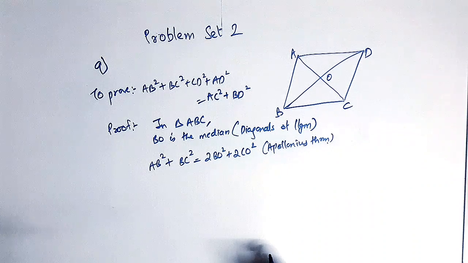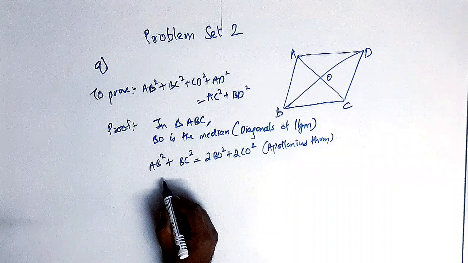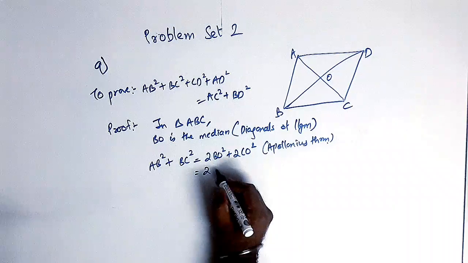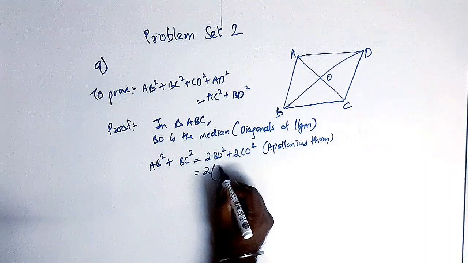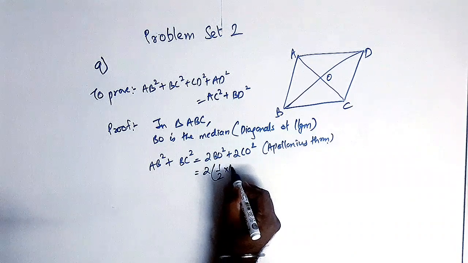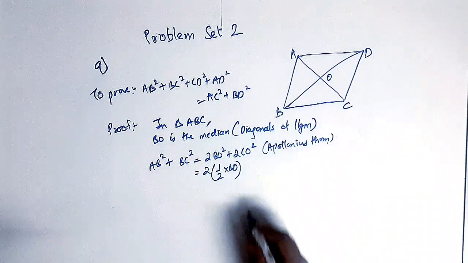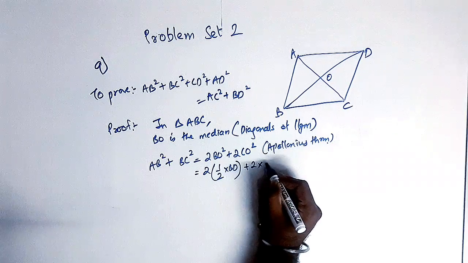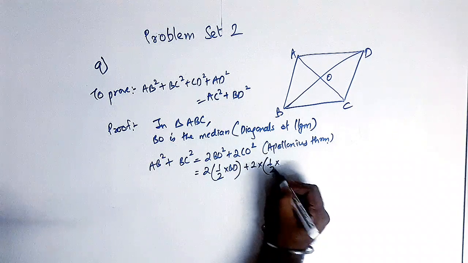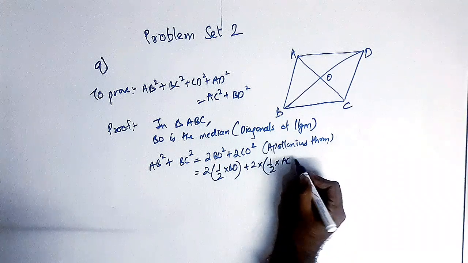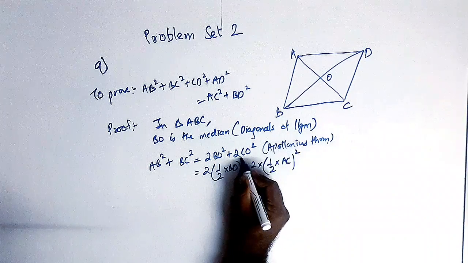Okay, now AB square plus BC square, I'll keep it as it is. Instead of BO, I will write BO is half of BD, correct? 2 times half of BD the whole square, plus 2 times, instead of CO, I'll write half of AC, the whole square.